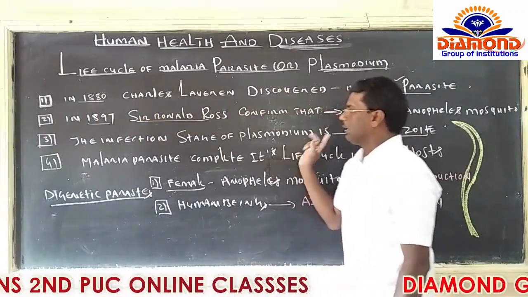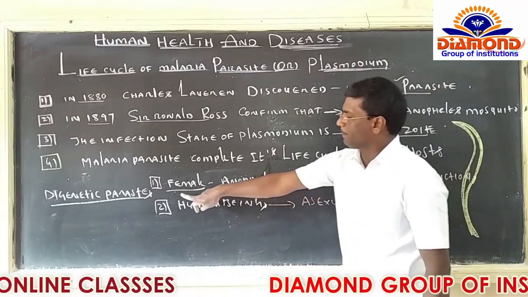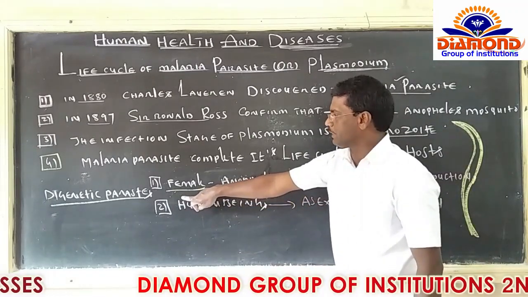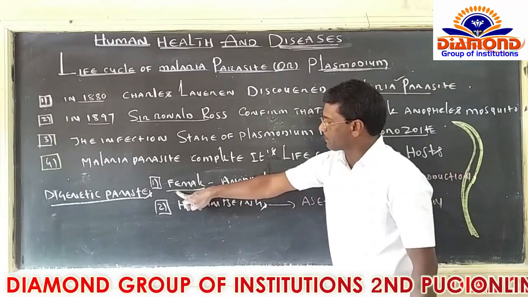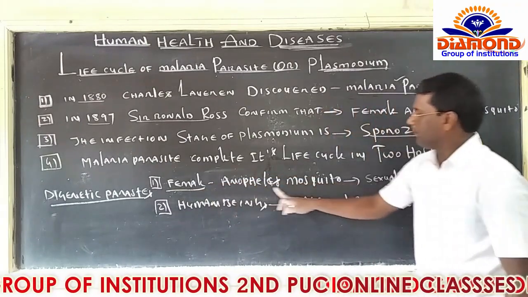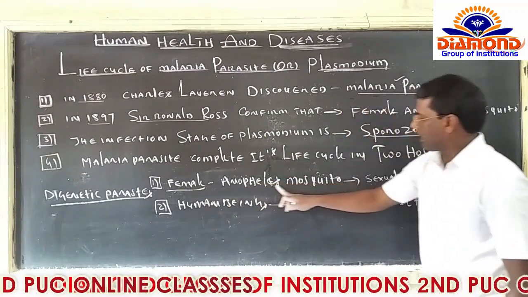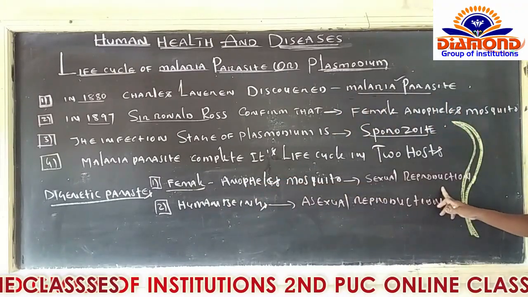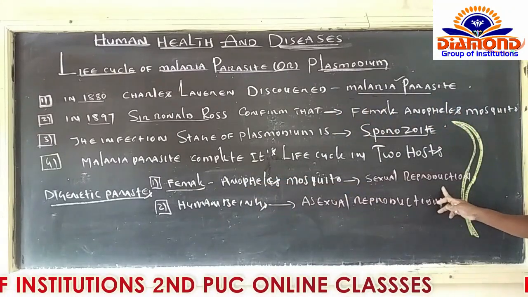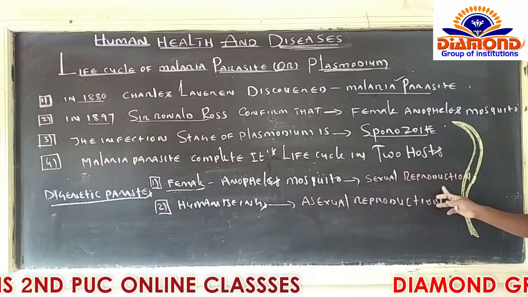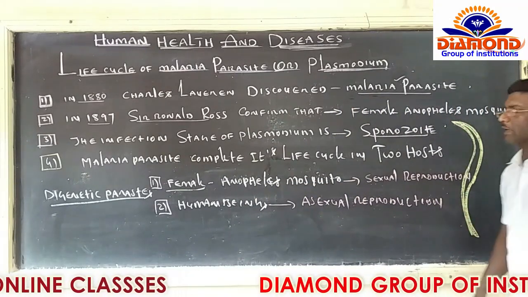For example, here the Plasmodium is there. To complete the Plasmodium's life cycle, it chooses the female Anopheles mosquito first. When it completes its life cycle in the female Anopheles mosquito, it maintains sexual reproduction to multiply its number.